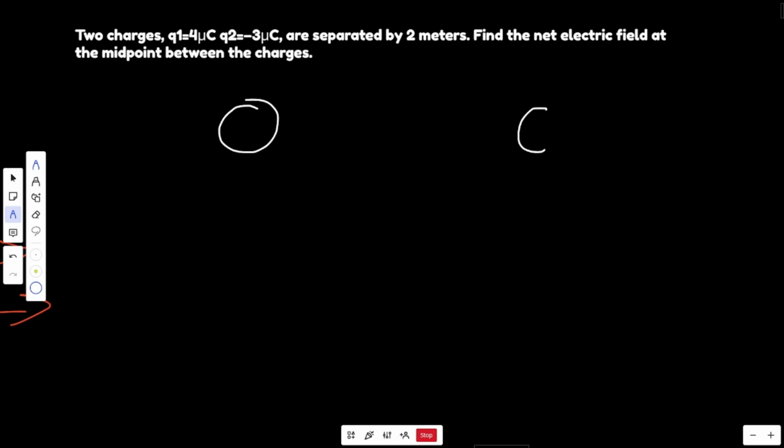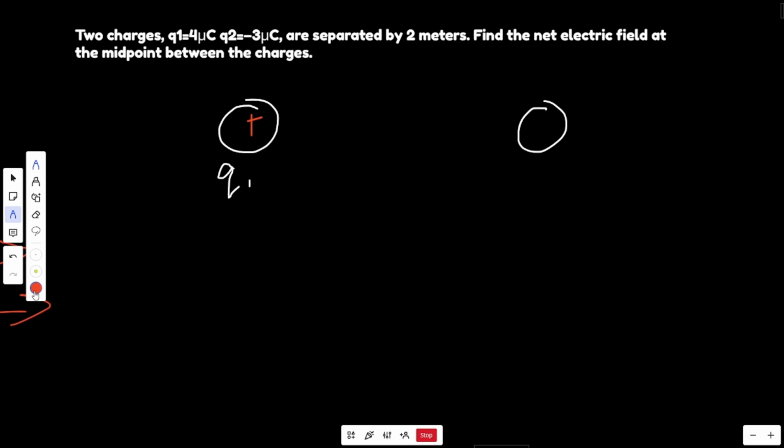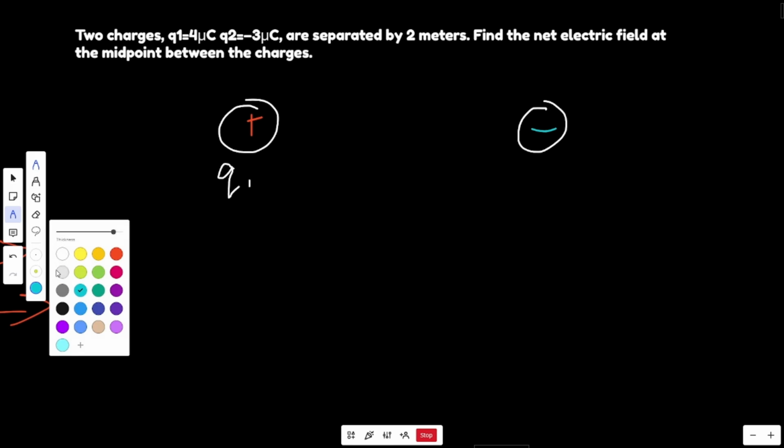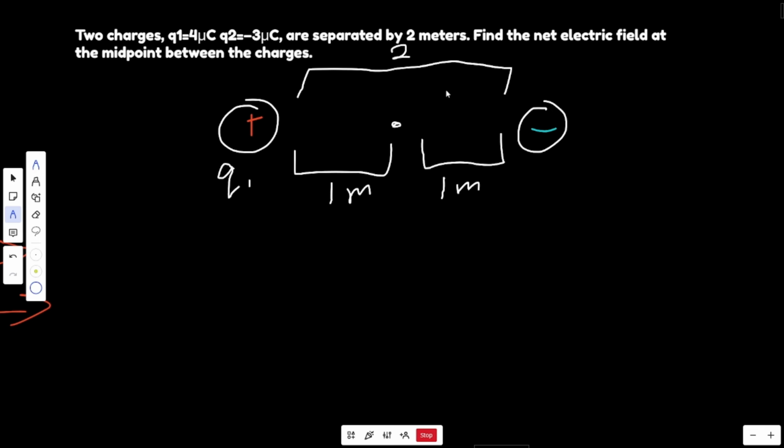We have two charges here. Let's make this Q1 here. This is positive, so this is a plus, and the other one is negative, so this is a minus, and they're separated by 2 meters. So this gap is 2, and you want to get the electric field at the midpoint. So this is 1 meter. This here is 1 meter.